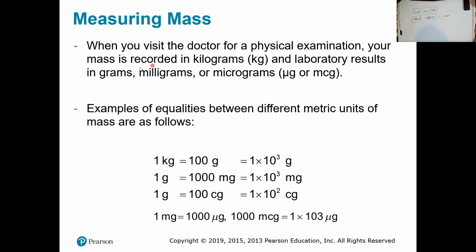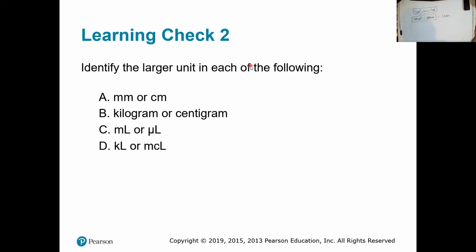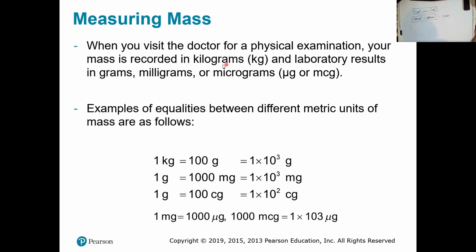When you're measuring something people sized or even pet sized, those units are usually going to be kilograms, because the mass of people and animals is a little bit larger. And so you want to use that kilo prefix to make the number a little more manageable.